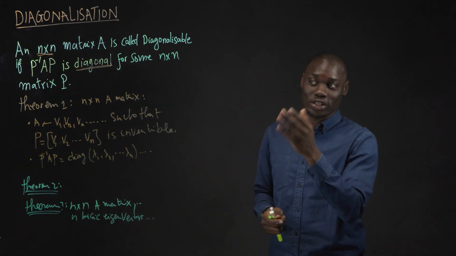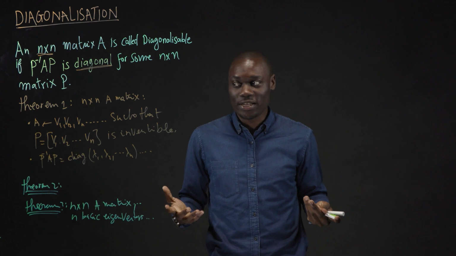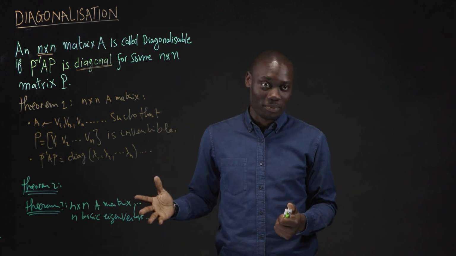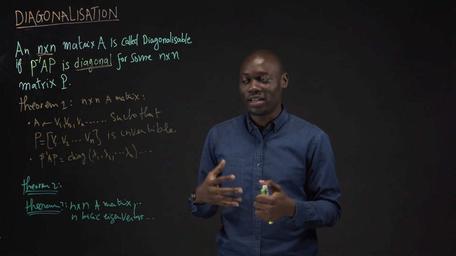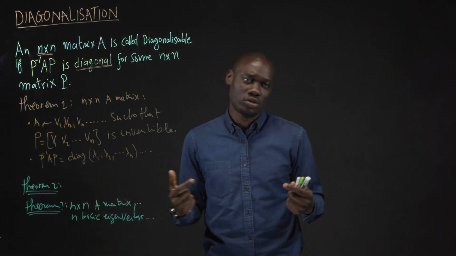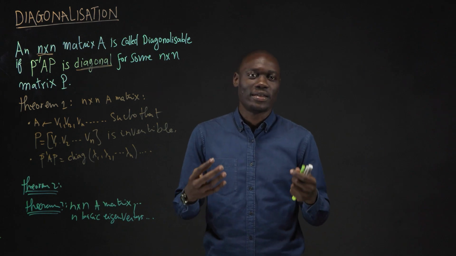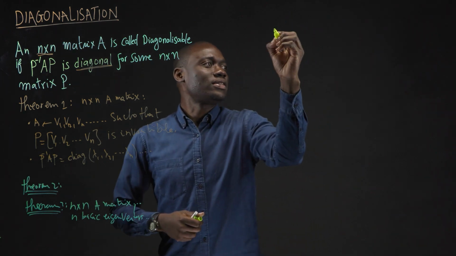Right. So we just explored the definition of what diagonalization is, and then we touched on the first, second, and third theorems that will help you to grasp the concept of diagonalization. Now, you may ask yourself, how can I prove that a matrix is diagonalizable?